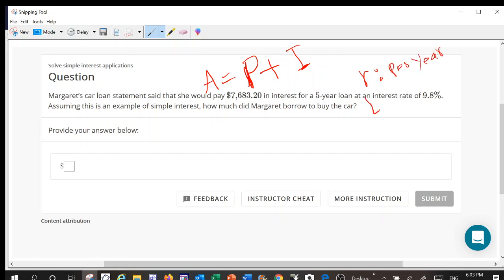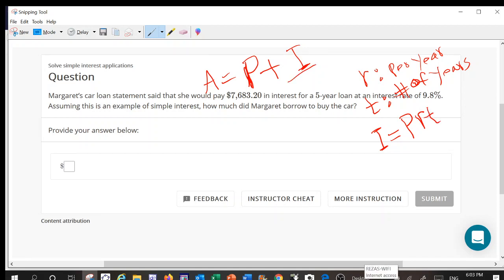And then we have t, which is the number of years. So if you want to find the interest, basically you have to take the principal, multiply it by the interest rate, and multiply it by how many years.